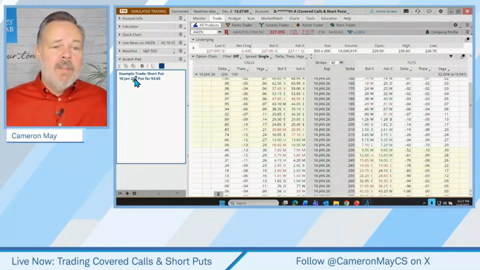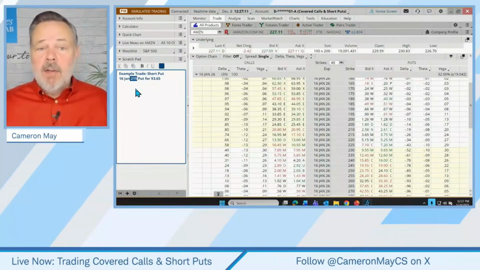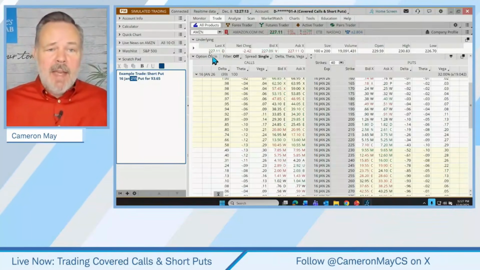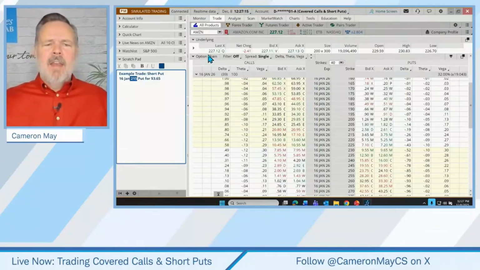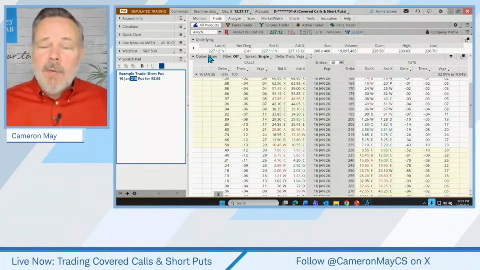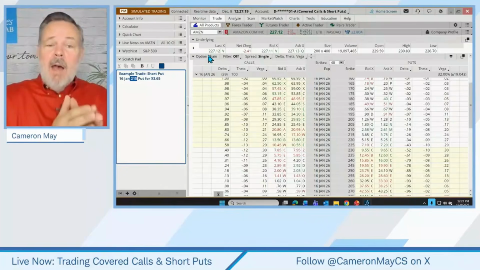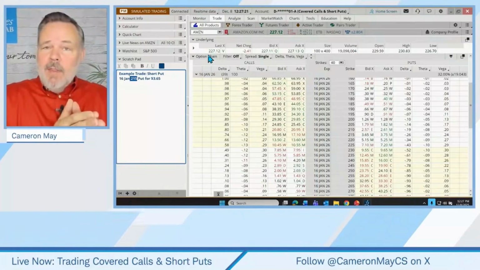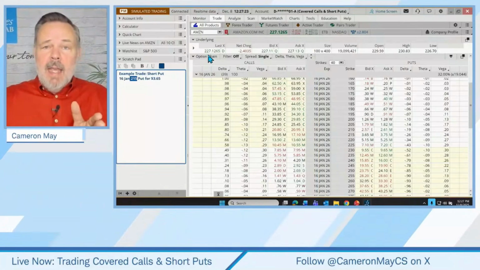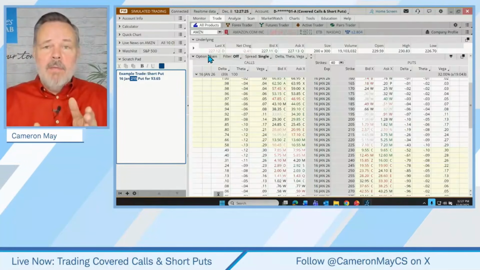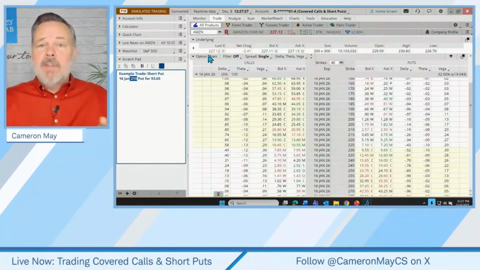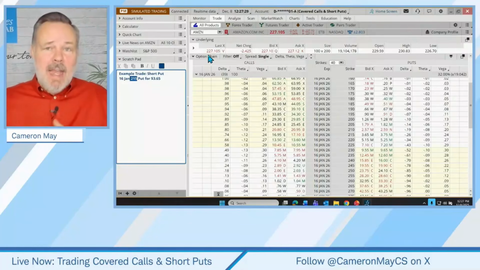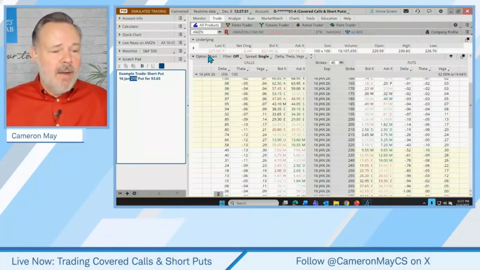They have the right to sell shares to us for $215 per share. And you might look at that and say, Cameron, the shares are worth $227. Why would they do that? Well, they're worth $227 right now, but they can do this at any time in the next 39 days. And if those shares drop in value, they may decide the best person to sell to right now is Cameron or our hypothetical trader there.